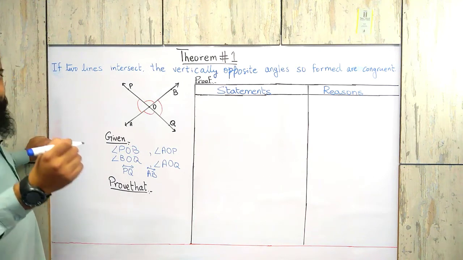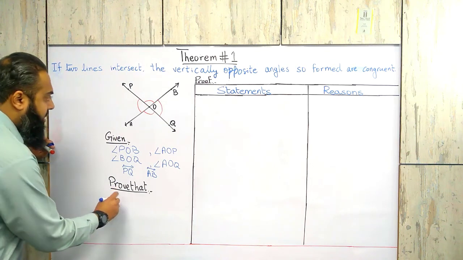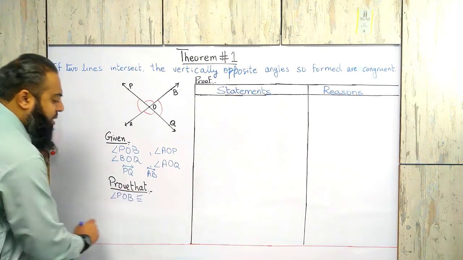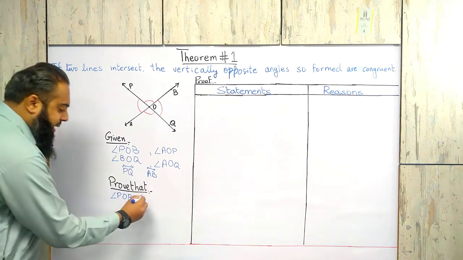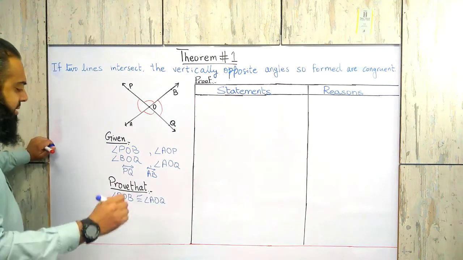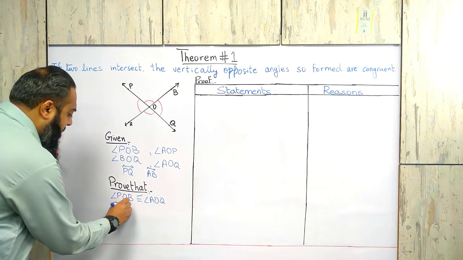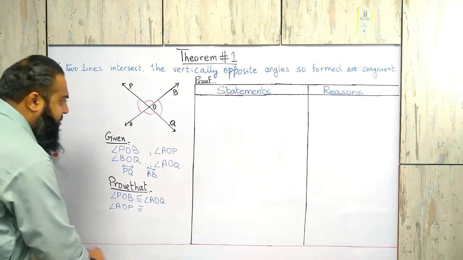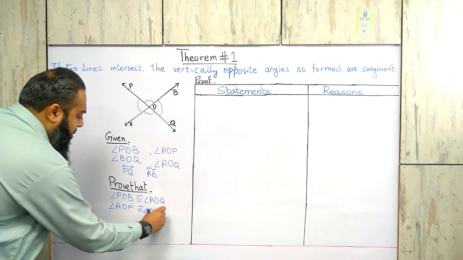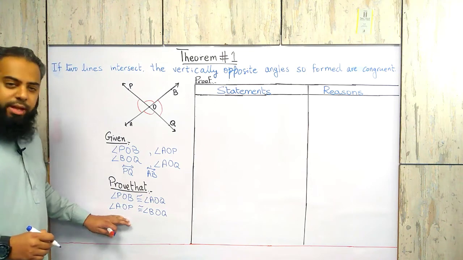Now what we have to do, we have to prove that angle POB is congruent to its vertically opposite angle, angle AOQ, and another pair, angle AOP, is congruent to angle BOQ, as they are in the pair of vertically opposite angles.